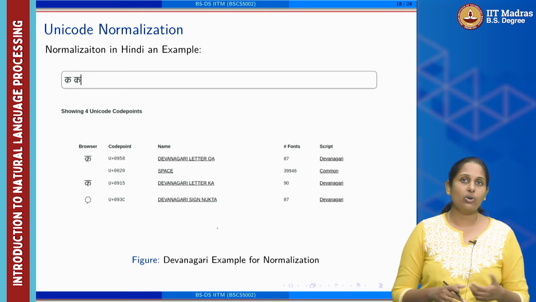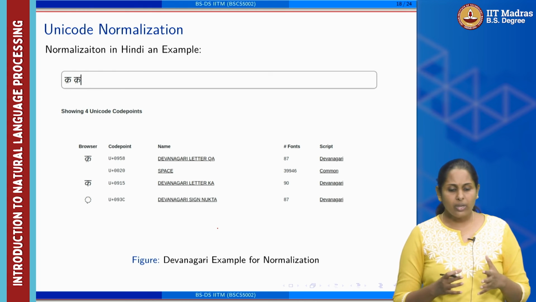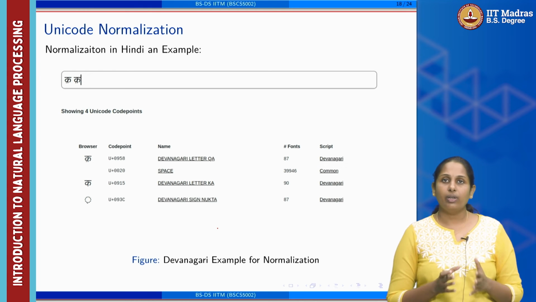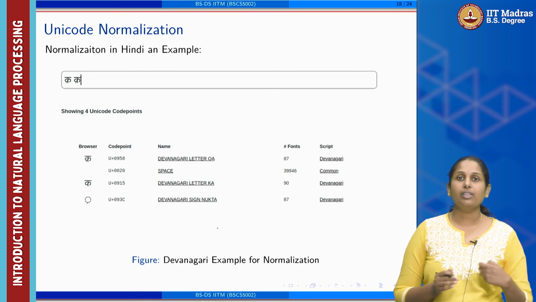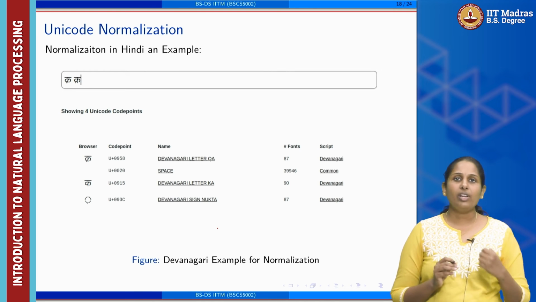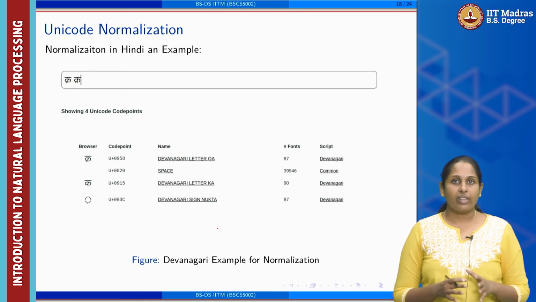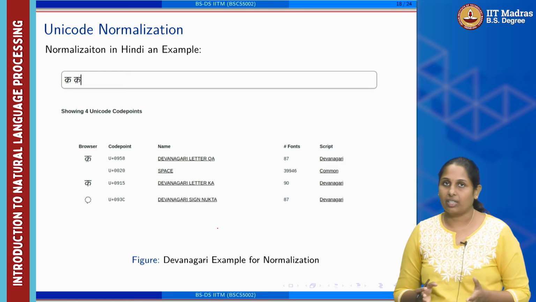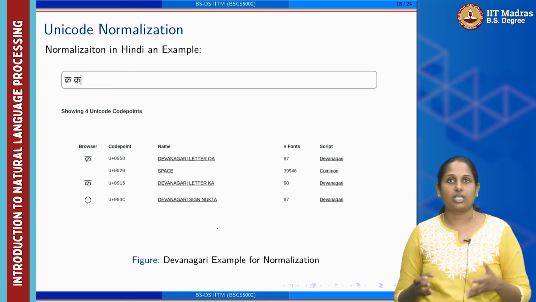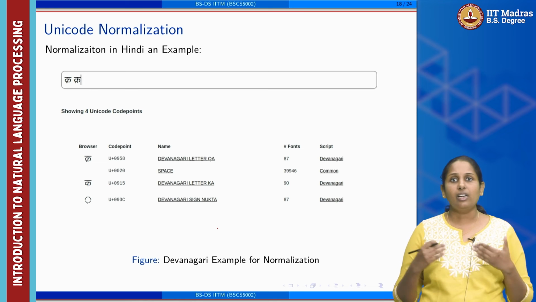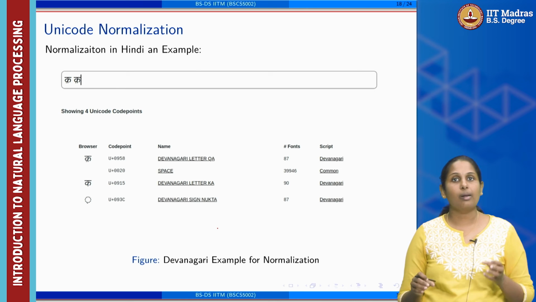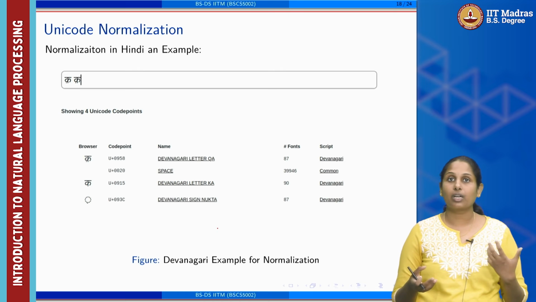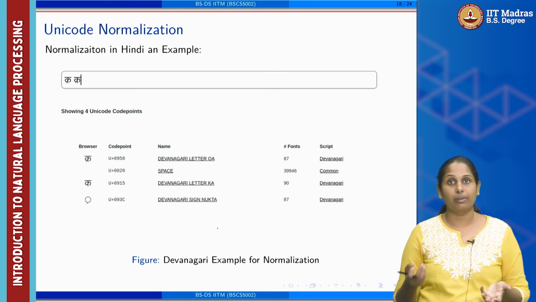One is Unicode normalization. We know that in every language we have a lot of glyphs. Glyphs are nothing but the characters, right? Every language has characters. For example, Hindi is written in Devanagari, similarly Sanskrit, Marathi and other languages. If you take South Indian languages, Tamil is written in Tamil script, Telugu in Telugu script, Kannada in Kannada script, Malayalam in Malayalam script.